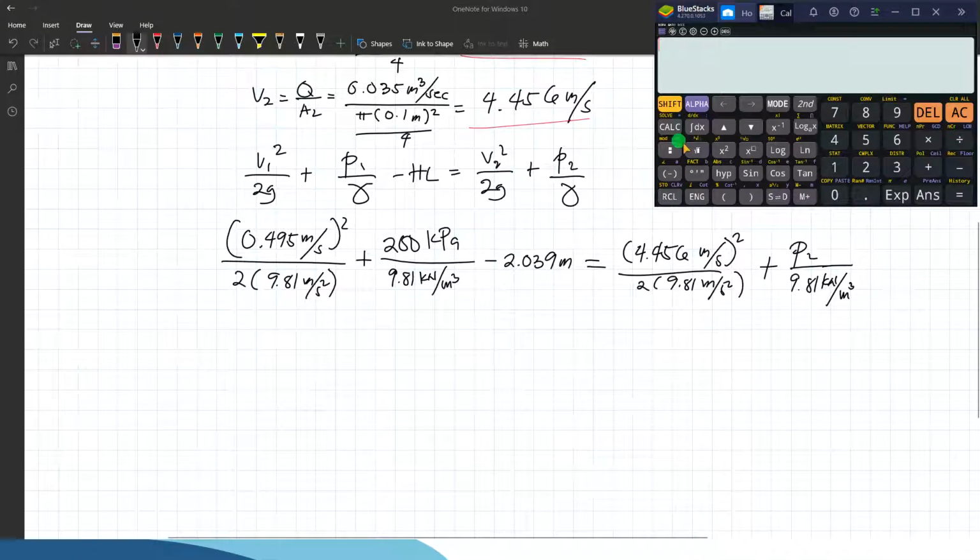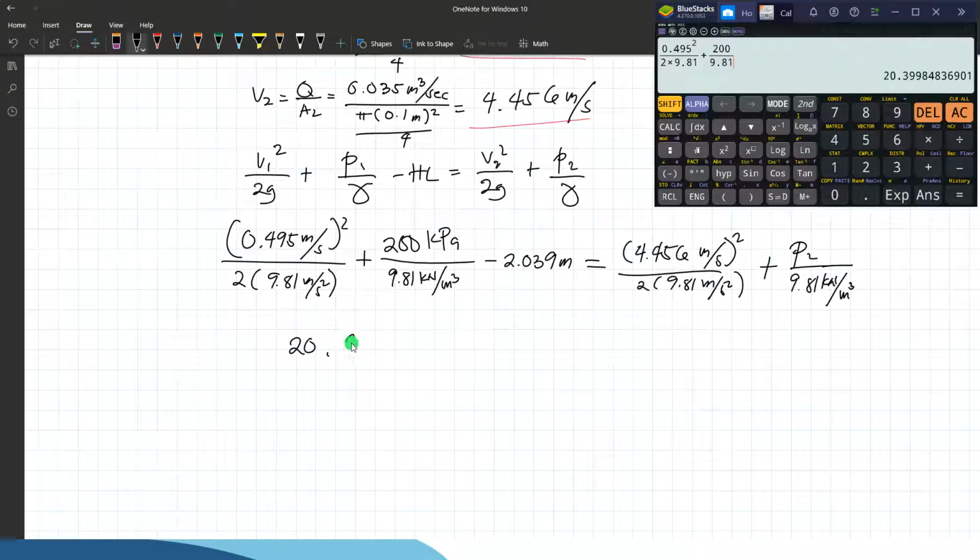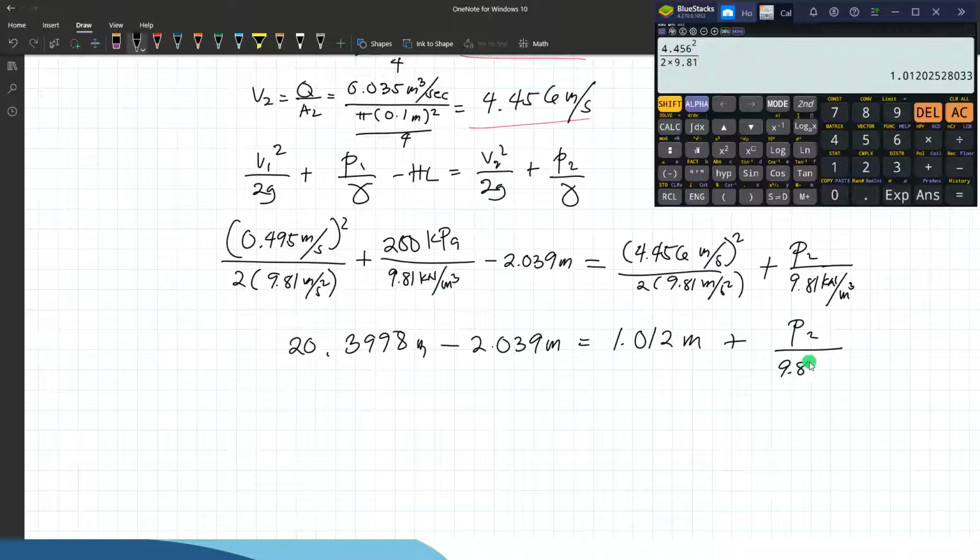Let's simplify the equation. The first term is 0.495 squared divided by 2 times 9.81. Let's directly add this: 200 over 9.81, that's 20.3998 meters, subtracted by 2.039 meters, equals 4.456 squared over 2 times 9.81, that's 1.012 meters, plus P2 over 9.81.